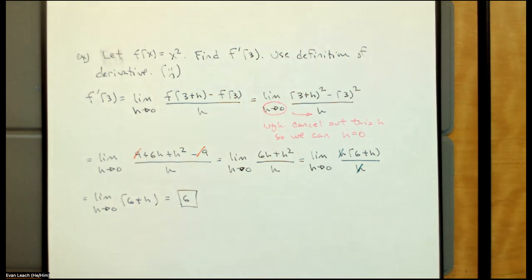Using the definition of the derivative, algebraically, the goal is to always cancel out the h, until you have a problem where you can't cancel out the h and you have to know something else. But that's beside the point. For our nice algebraic functions, that's all we need to do.